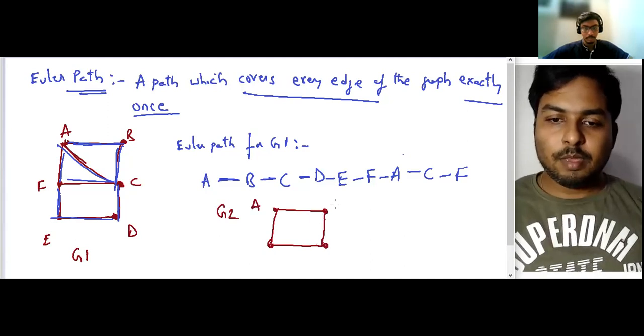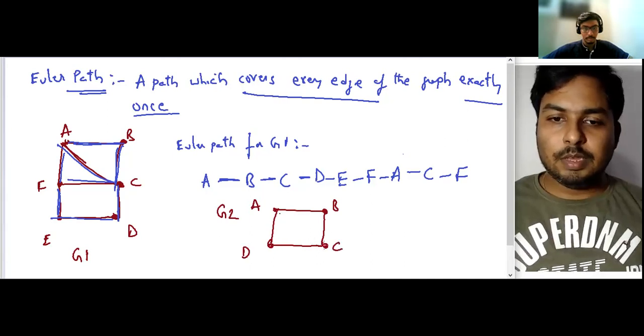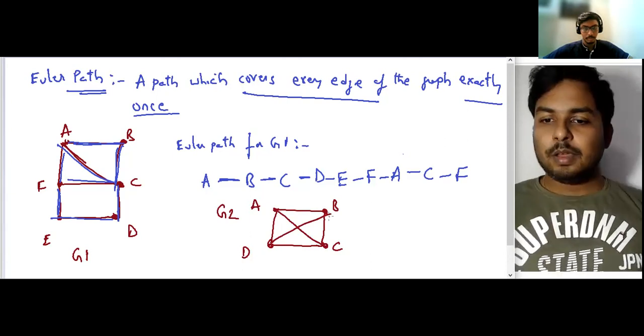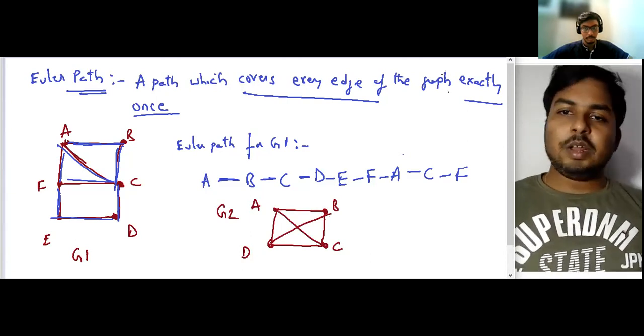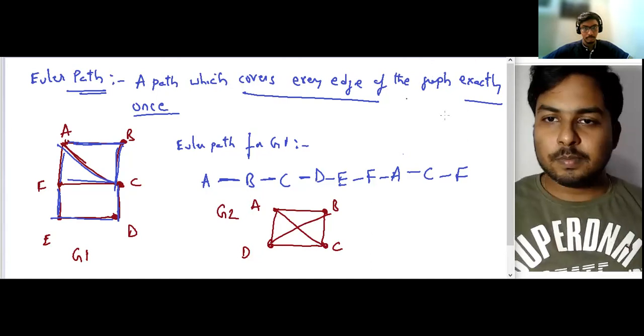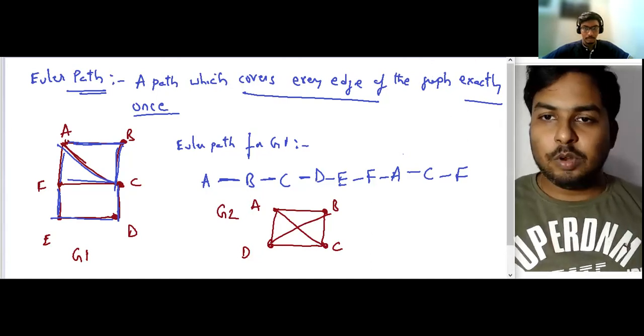A, B, C, D, and like this. Now let's try to draw the Euler path for this.